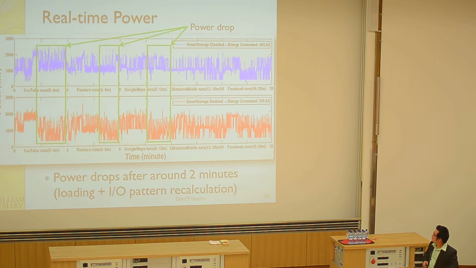When smart storage is enabled, it's around 600, 700-ish. So that at least shows some information that something is going on there. Why after 2 minutes? Because the I/O recalculation we set was for 1 minute, and there is also some loading time, so therefore approximately 2 minutes.